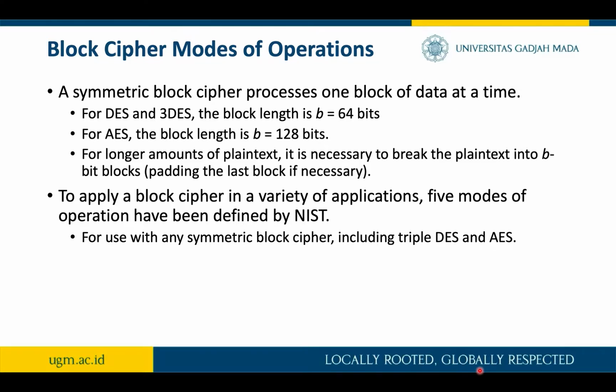So as we already know, in block cipher, the data are processed one block at a time. The length of the block depends on the algorithm to be used. For DES and also triple DES, the block length is 64 bits, while for AES, the block length is 128 bits.